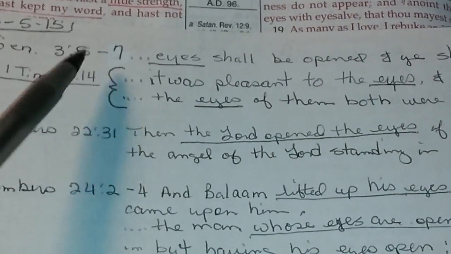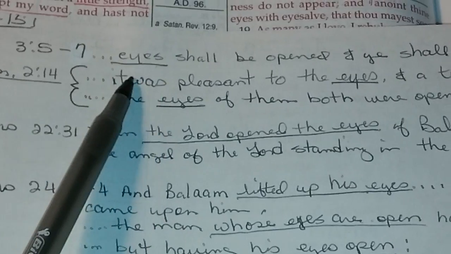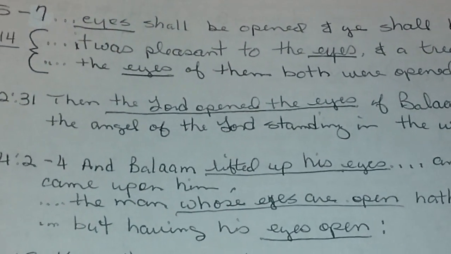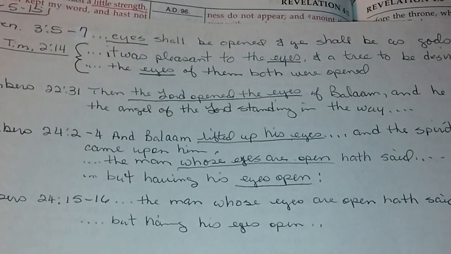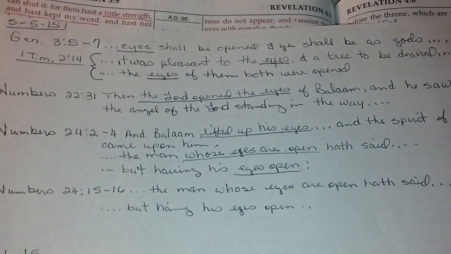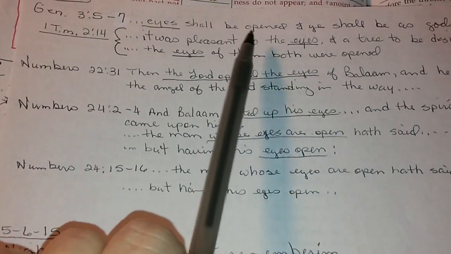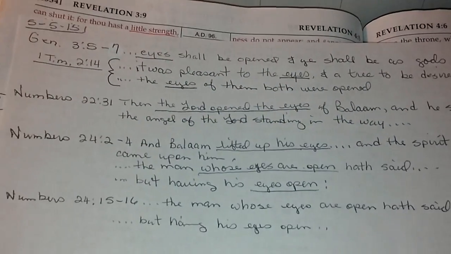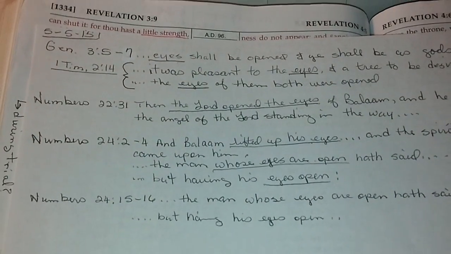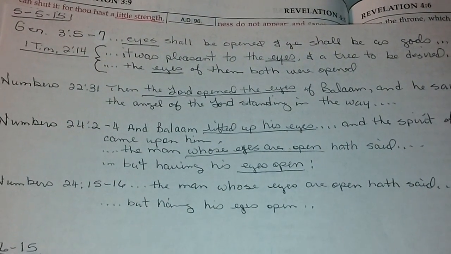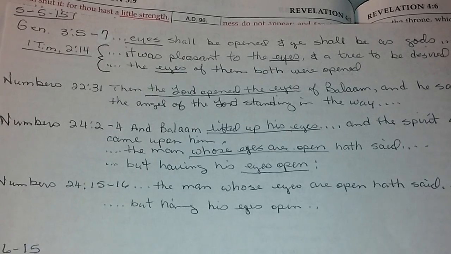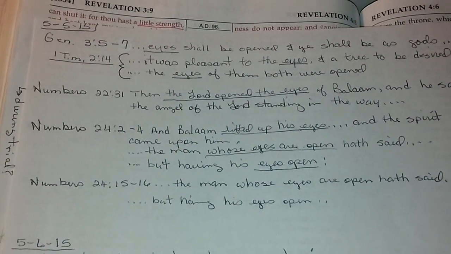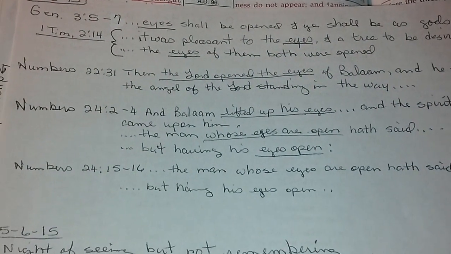See, when the curse came, it was Satan tempting Eve in that he was saying, your eyes shall be opened and ye shall be as gods. So he was trying to convince her of the reasons why she should, at the same time trying to sway her into thinking that God's hiding something from you.